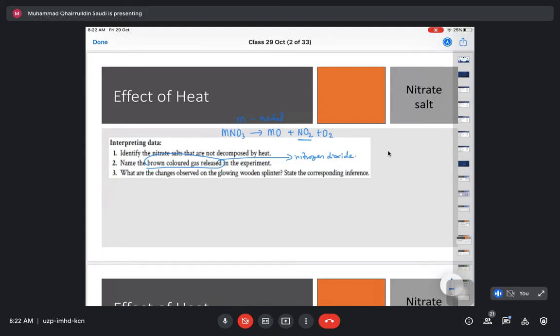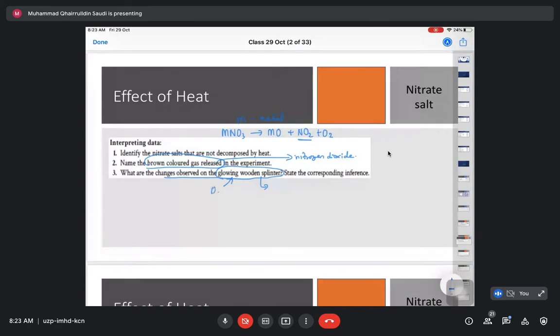Next one, what are the change observed in the glowing wooden splinter? Bila diletak glowing wooden splinter in the test tube, what is your observation? Kita guna glowing wooden splinter untuk test untuk apa? Gas apa tadi? Oxygen.